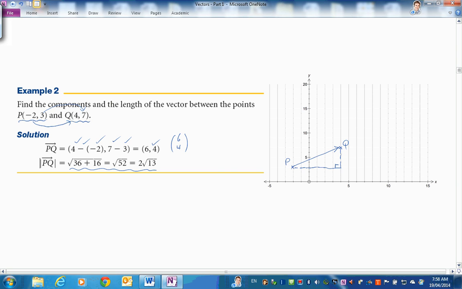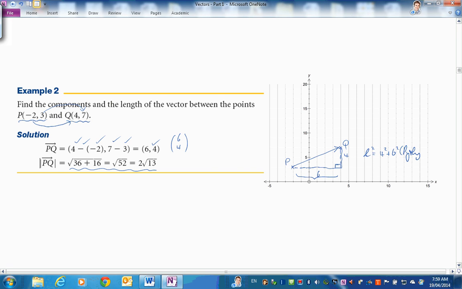It's Pythagoras, isn't it? So this is a distance of 6 units in a positive direction here, going along from P to Q, and 4 units up here. So by Pythagoras, the length of the vector, L squared, square on the hypotenuse, sum of the squares on the other two sides.